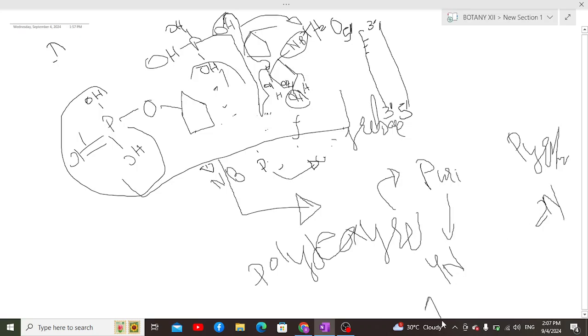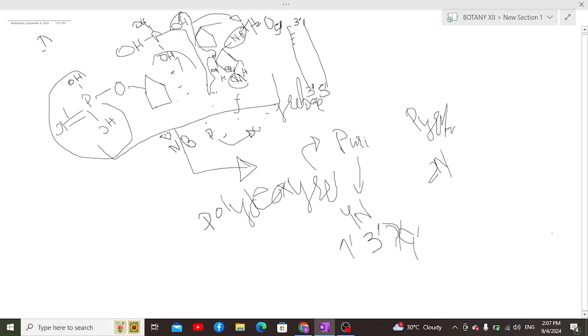The nitrogen atoms in purines are present on the first, third, seventh, and ninth positions. While in pyrimidine, the nitrogen atoms are only present on the first and third positions, because the seventh and ninth positions are not present, as there is no imidazole ring inside their structure.